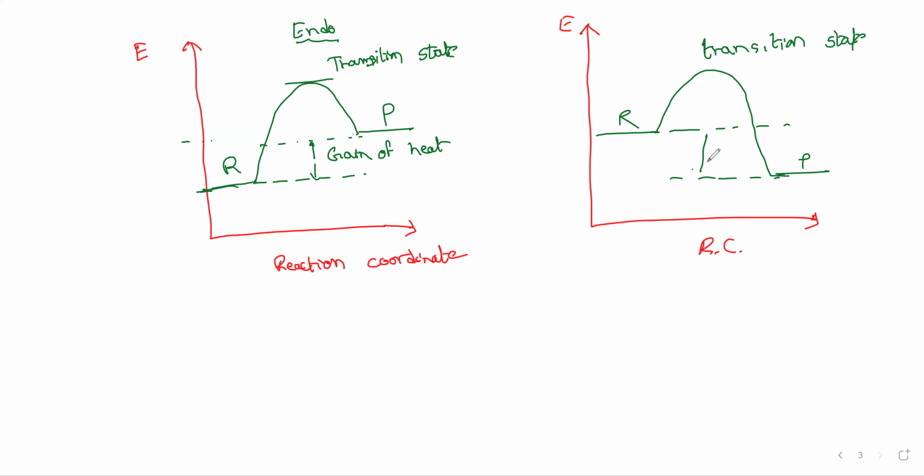That means this much energy is lost to the surroundings. So in this way, you can simply understand how the reactants convert into products in the endothermic case, and this is the exothermic case where the energy will be lost in the form of heat to the surroundings.